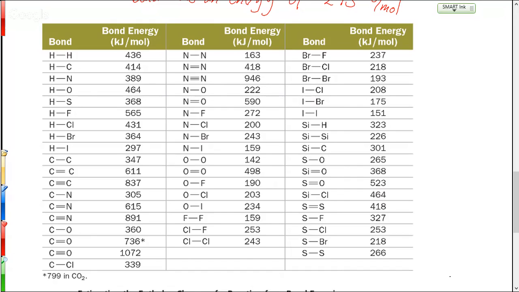You can take the OH bond strength, which is 464. There's 4 of those.